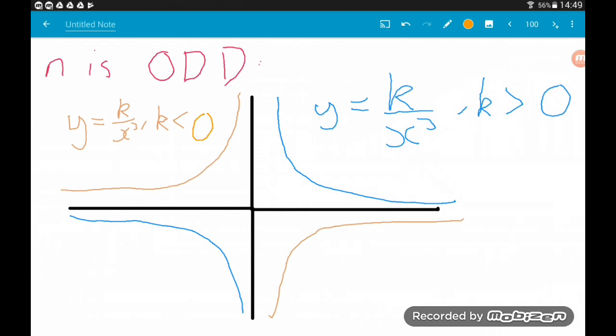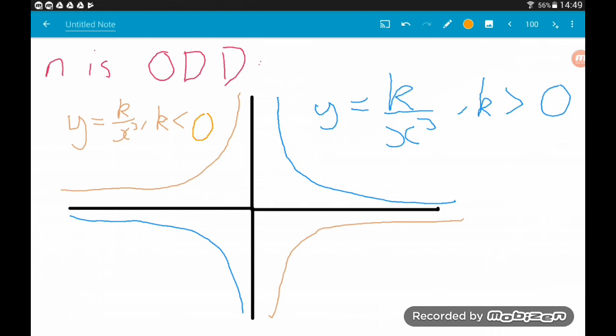Or when n is odd. So here, for example, I've got n is equal to 3. We get this sort of situation, so the graphs are in diagonally opposite quadrants to each other. So at the top right and bottom left is the graph of k over x cubed, where k is greater than 0, so it's positive.